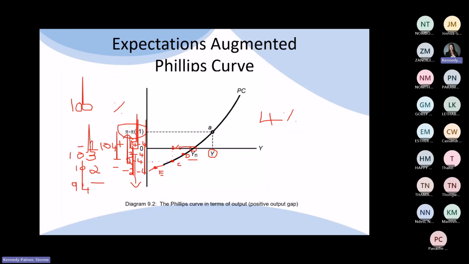Then at our point C, we've got our basket being 102. So again, we've still got a positive inflation rate. In this instance, it's 2 minus 4, so it would be -2. So then 2% is our inflation rate.